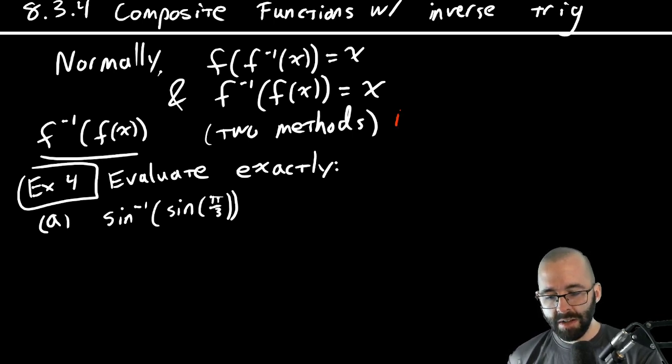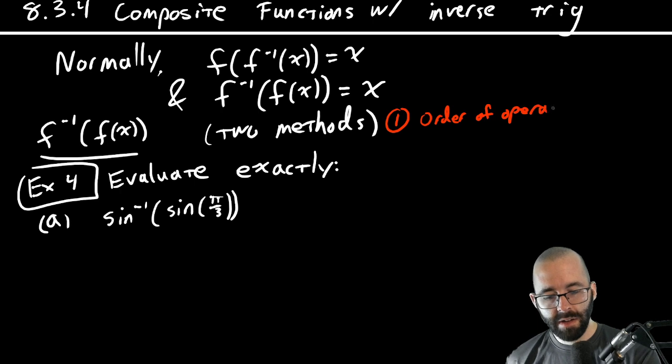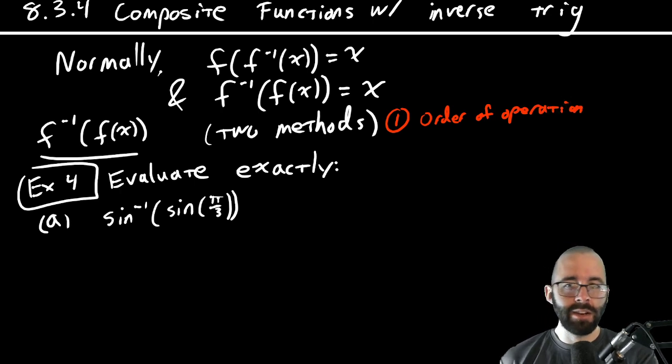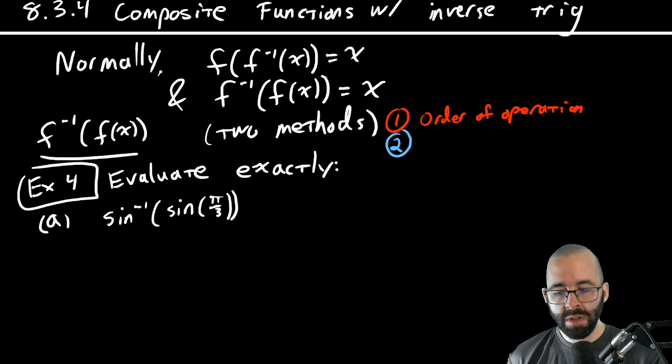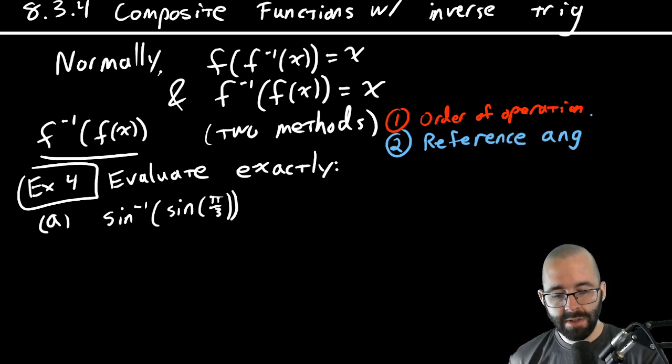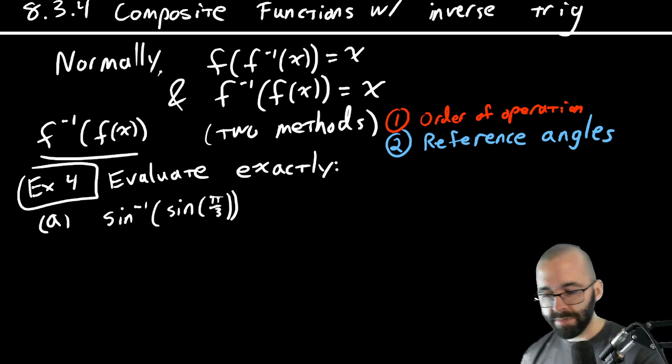The first method is just going to be order of operations. Let's just evaluate what sine of pi over 3 is, and then take the arc sine like we did in the last video. The other method, which we'll denote in blue, is going to be using reference angles. Reference angles. So let's show both.